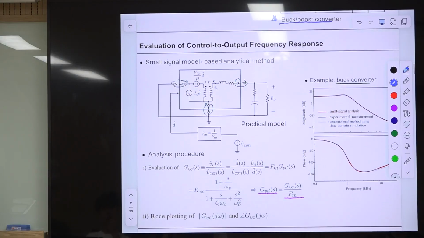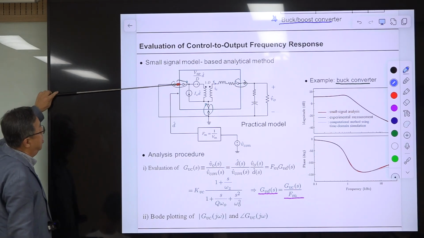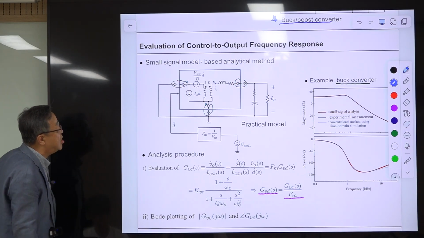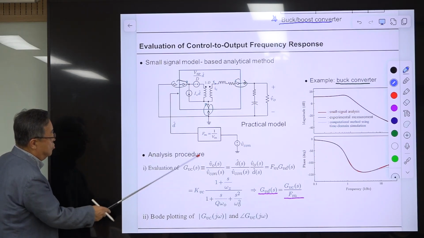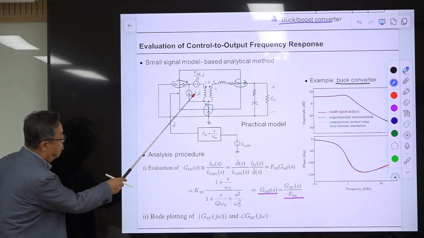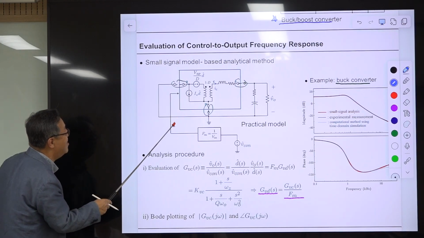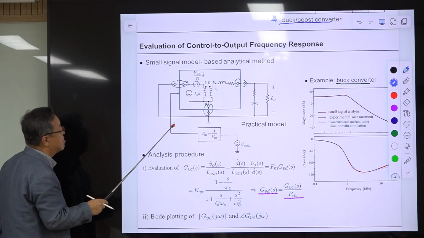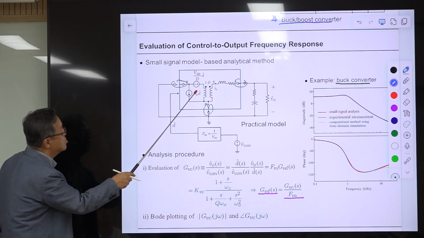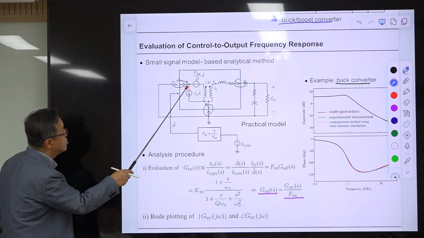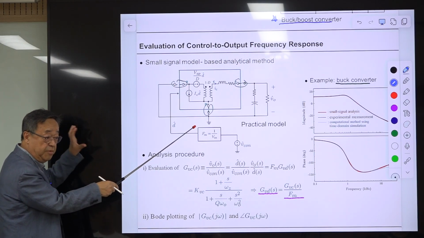So now we assume we have the small signal model for the buck converter. This is connected here. This is connected. Then it becomes the buck converter. For the buck converter example, you can derive the transfer function from here to there. Extremely easy. Because the source is here, and the source is here, there's a current source, okay? But the input voltage is shorted because you are not considering input.